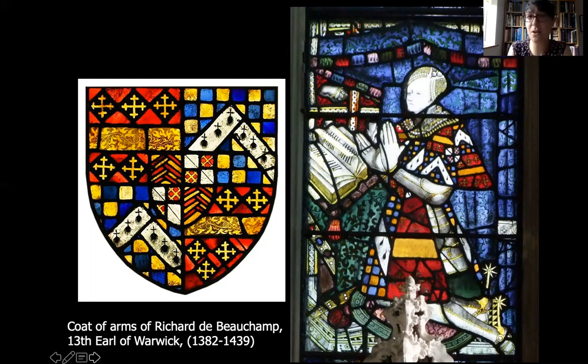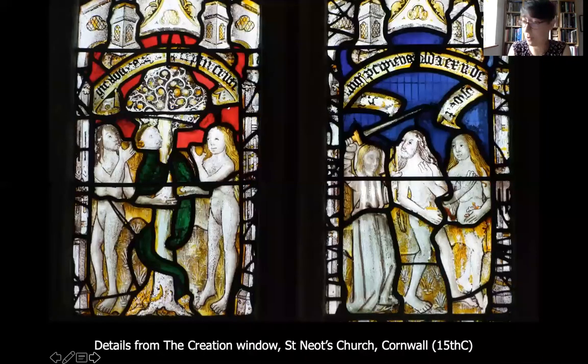Stained glass is often spoken about as the Bible of the poor, and of course a lot of stained glass in parish churches, both in the medieval period and today, visualizes the Bible. They tell us the Bible stories, and here you can see two panels of depictions of scripture from Genesis.